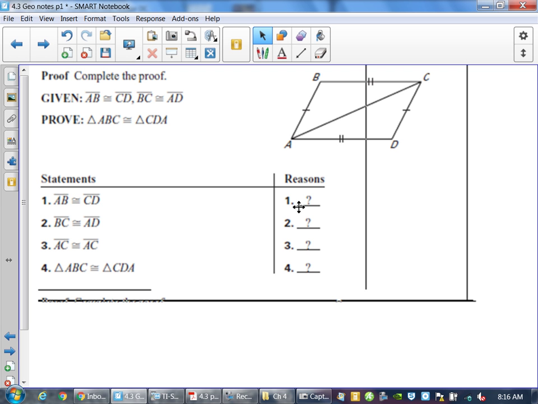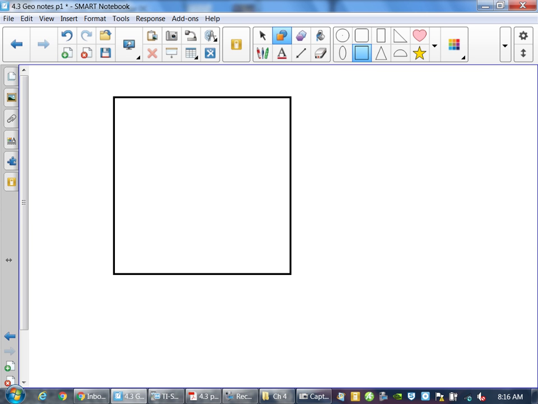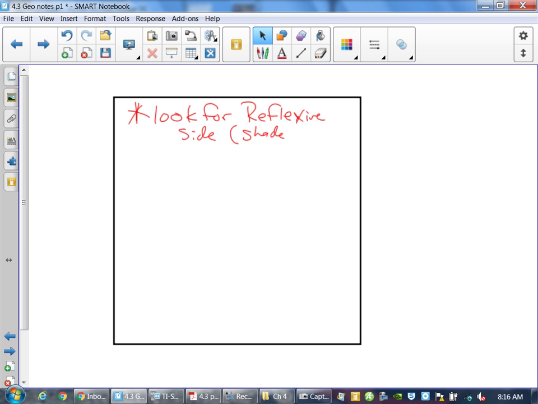and then you need to figure out what's the next step. So I know that yesterday we did a start of a square, look for a reflexive side. And we called it a shared side.